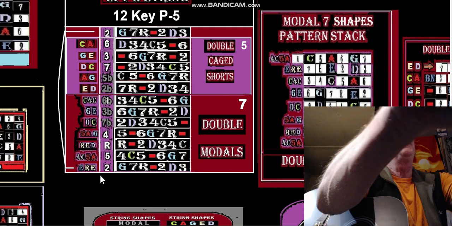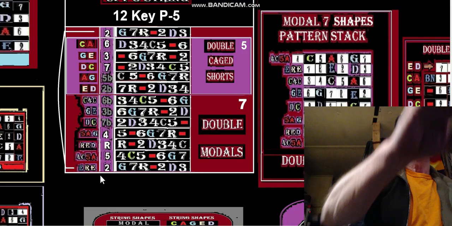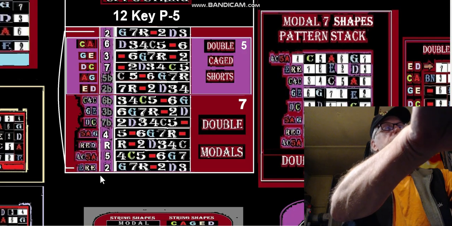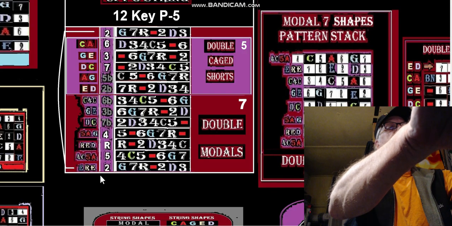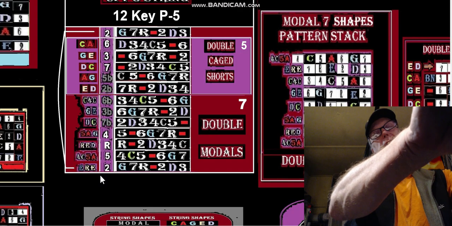Because as you know, C is, we look at the dot scale, C is the third of E flat, okay, that kind of thing. But the dot scale is actually A flat.